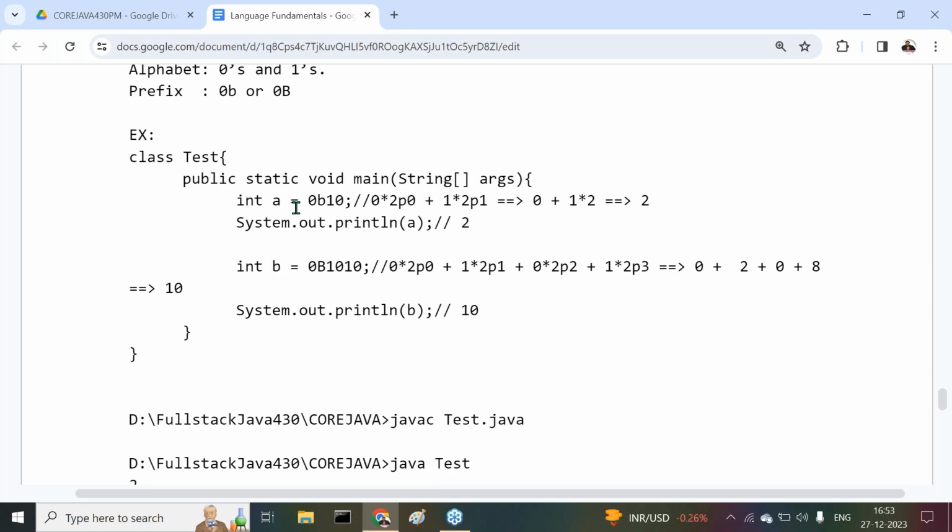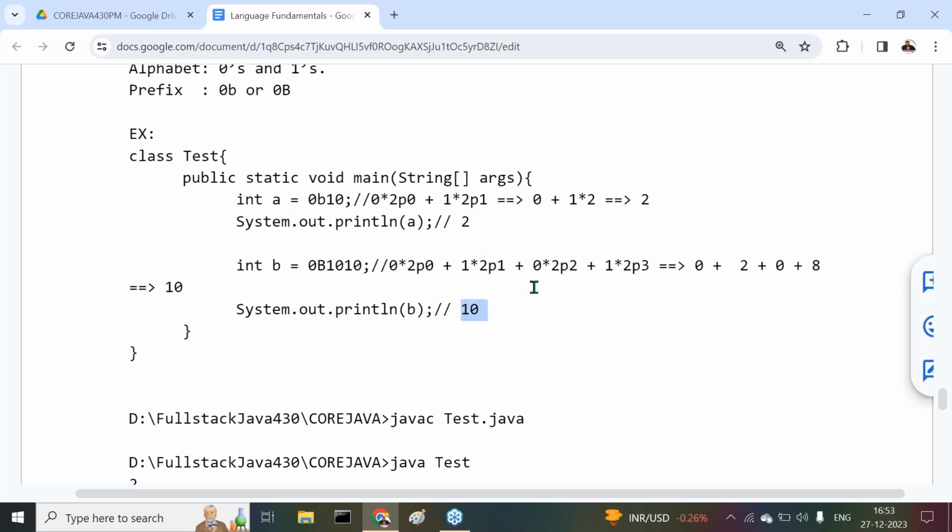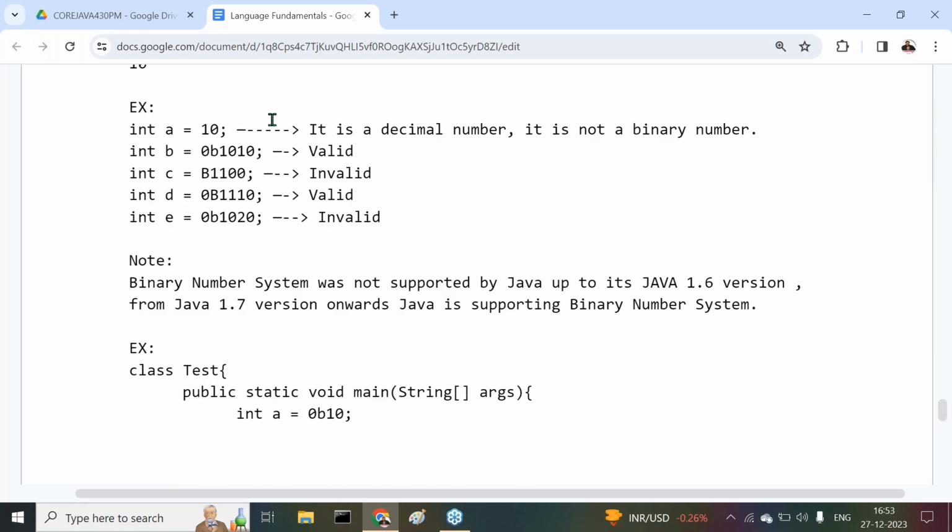Then I gave some examples where we took binary numbers directly by providing prefixes, and we displayed the data directly. 2 is the value we are getting here, 10 is a value here. Next, some examples were given where we identified what are binary values and what are not binary values.